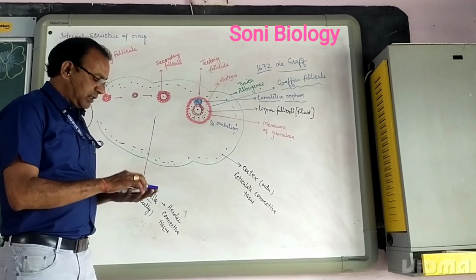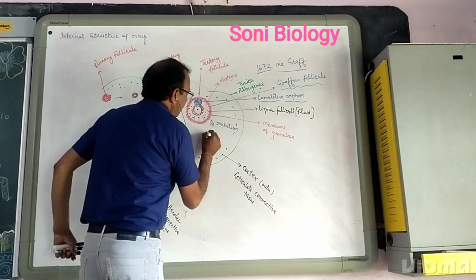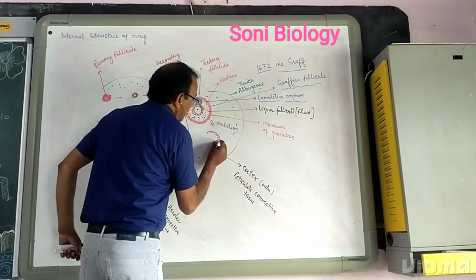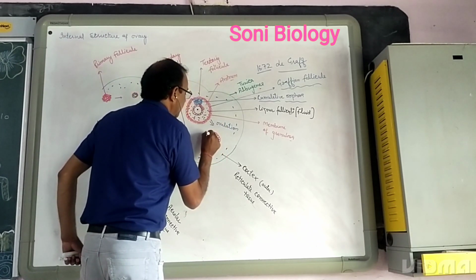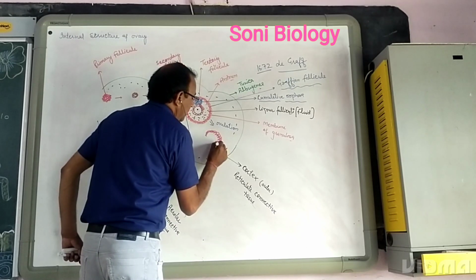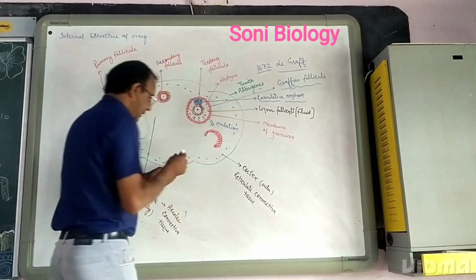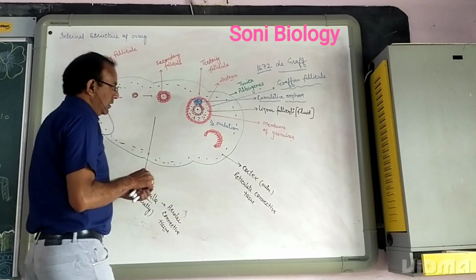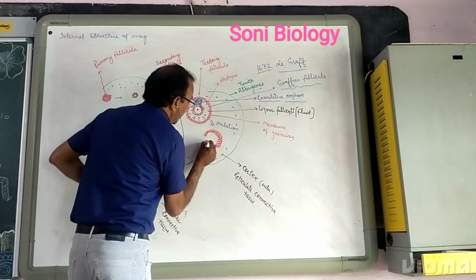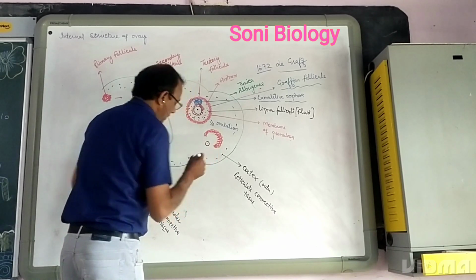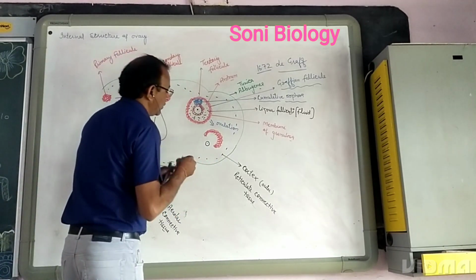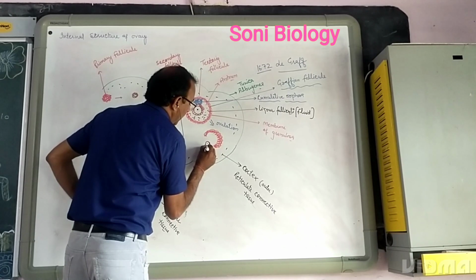In the ovulation process, the Graafian follicle ruptures, and the secondary oocyte is released. This secondary oocyte also contains follicle cells.